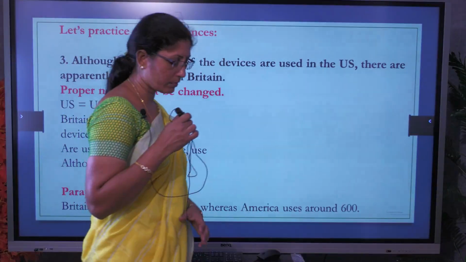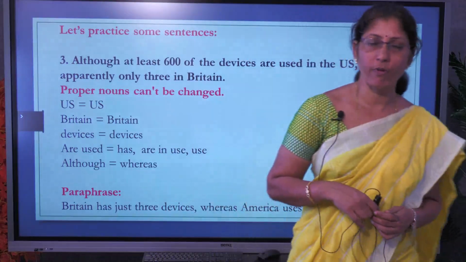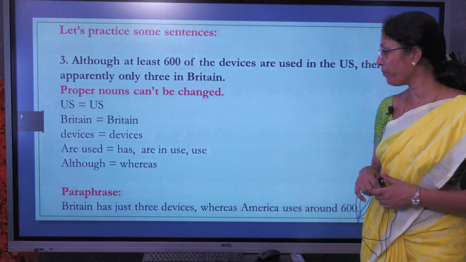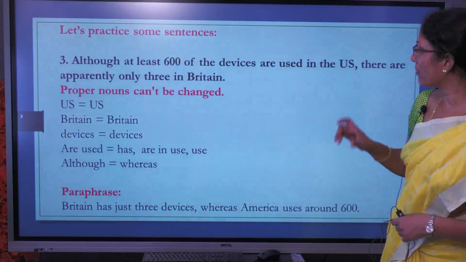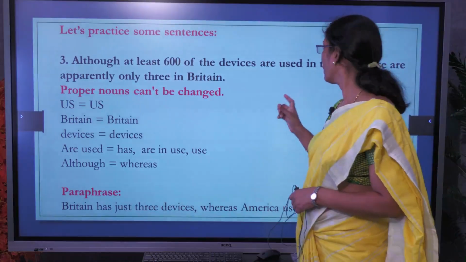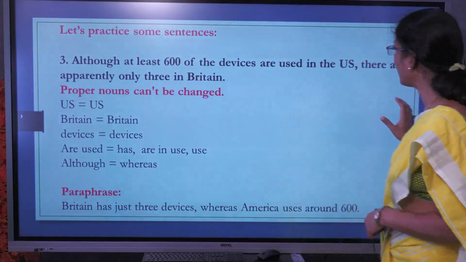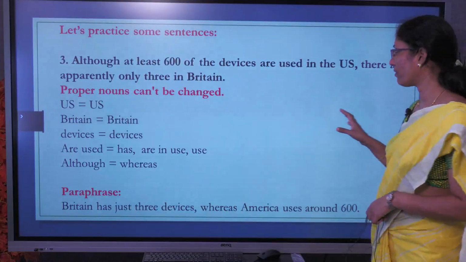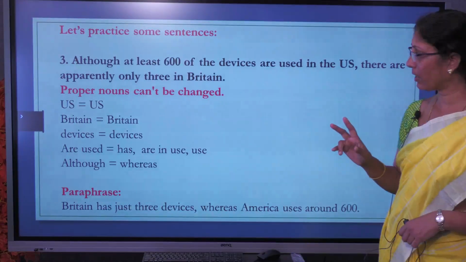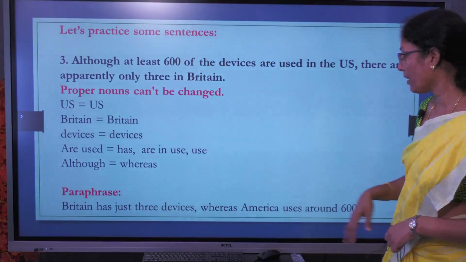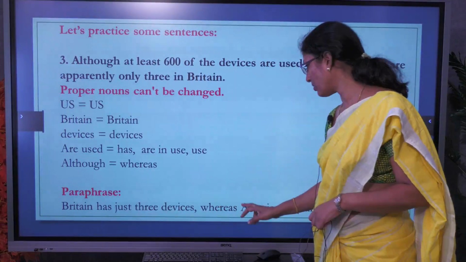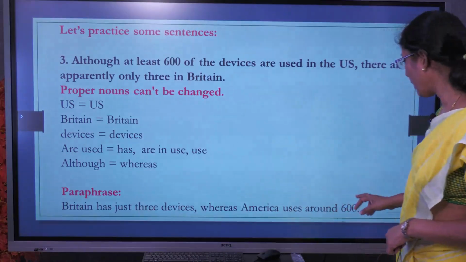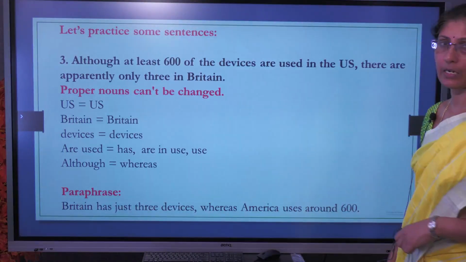Although can be replaced with whereas or though. Look at the content. What is the important content here? There are 600 devices used in the US, but in Britain they are using only 3 devices. So: Britain has just 3 devices, whereas America uses around 600.